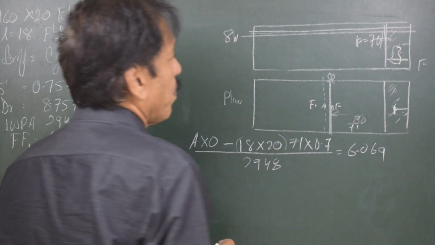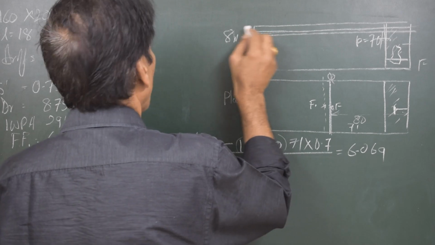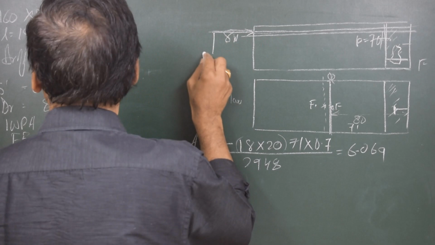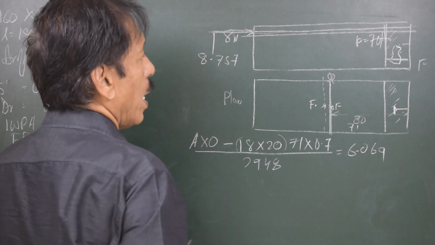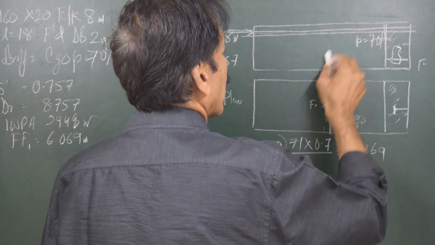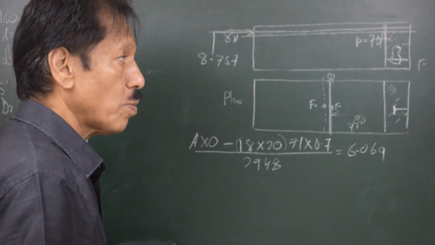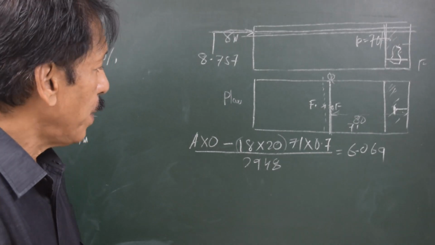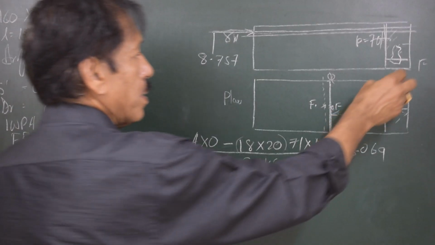We can see that the new draft is 8.757, and I told you we would take the moment of this entire underwater volume up to 8.757 without bothering about the damage over there, right? So what we do is, this is forward and this is aft.